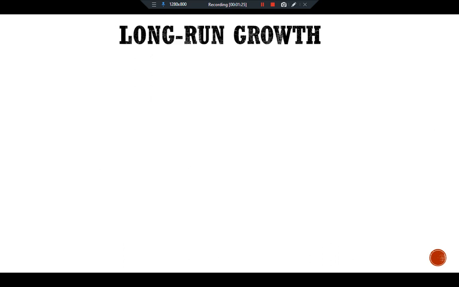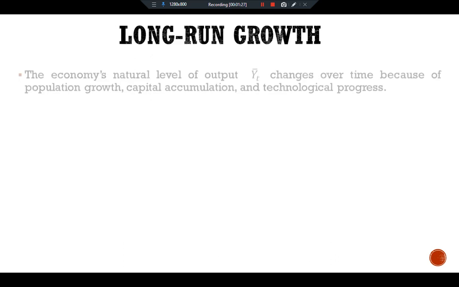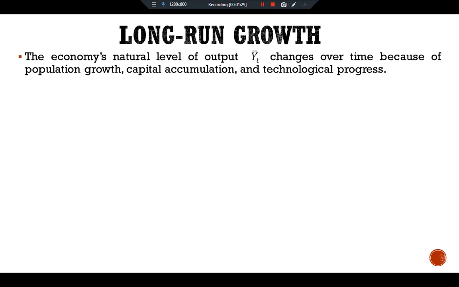Okay, let's discuss long-run growth. The economy's natural level of output Ȳt changes over time because of population growth, capital accumulation, and technological progress. Let's see a graphical presentation of an increase in the natural level of output, and what happens to the dynamic aggregate supply and dynamic aggregate demand curves.